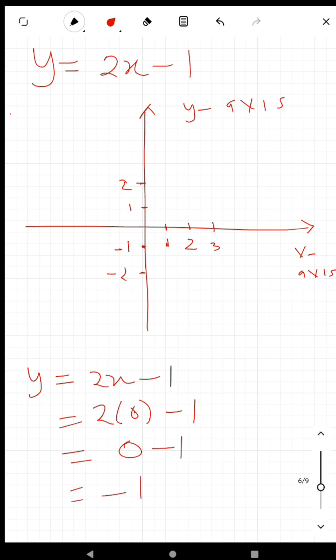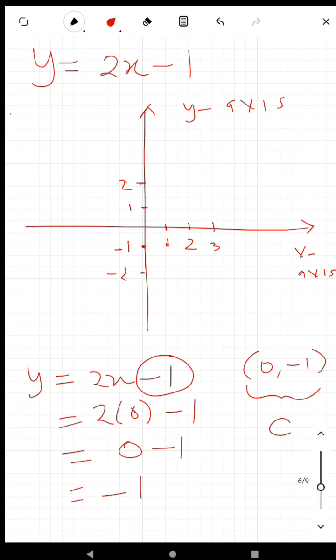We already know that this value is your y-intercept, and that occurs when x is 0. So the coordinates of that point will be x is 0, and y is minus 1. This value is the value of c in the equation, which is your y-axis intercept.